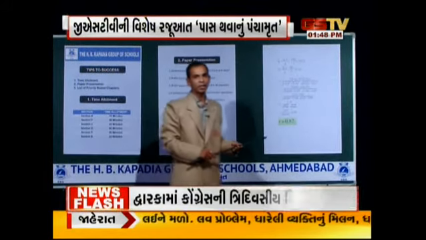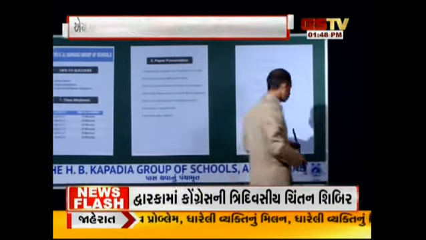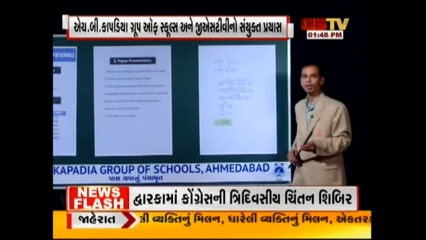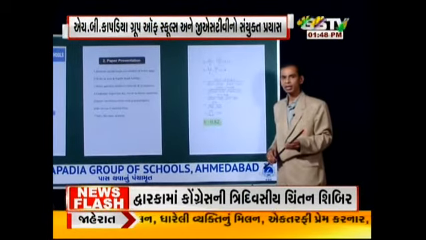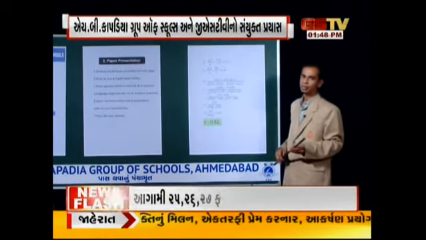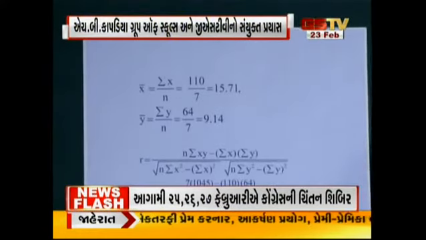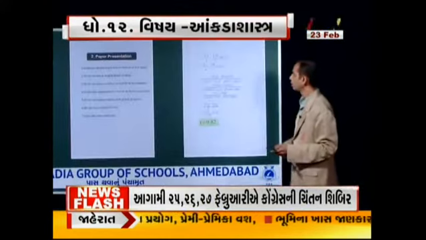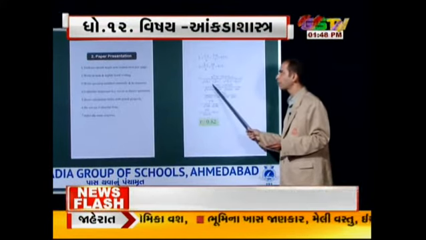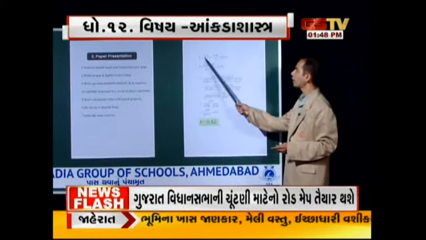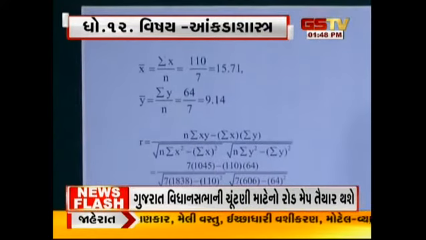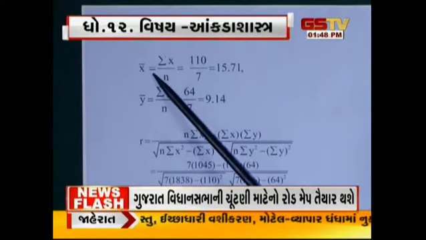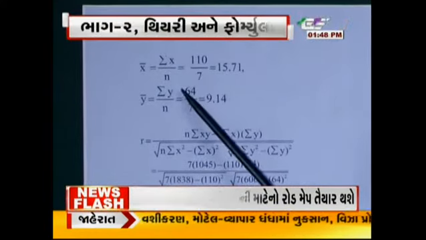Previously we prepared a table in which we found the values of x, y, xy, x square and y square. All those values are replaced in this formula. Before putting in this formula, we have to find x bar and y bar. The value of x bar can be found by sigma x upon n.